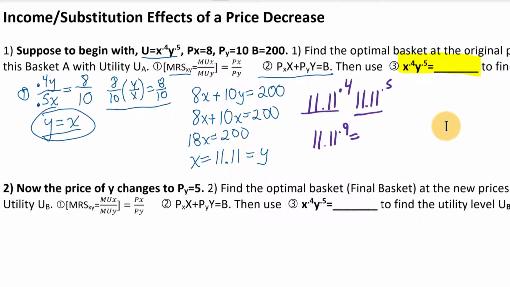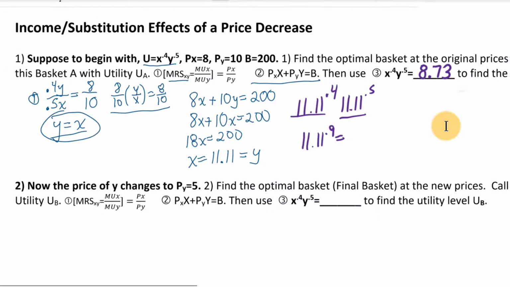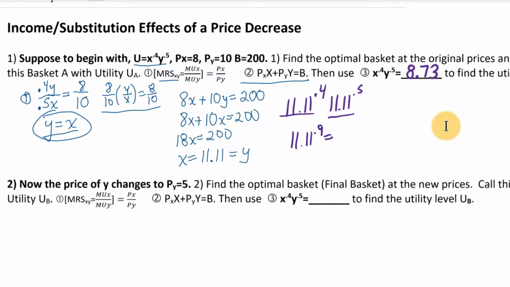And on our calculator, I'm getting something about 8.73. So our utility level would be 8.73 in the original situation. However, now this person's going to be happier because the price of y drops from $10 to $5.